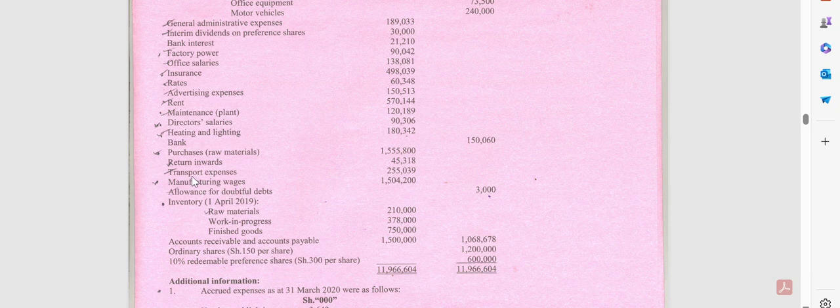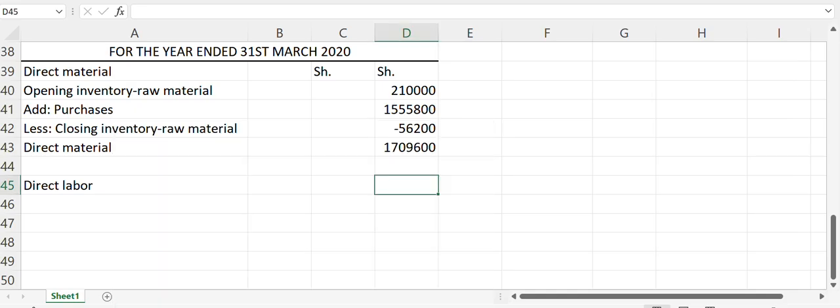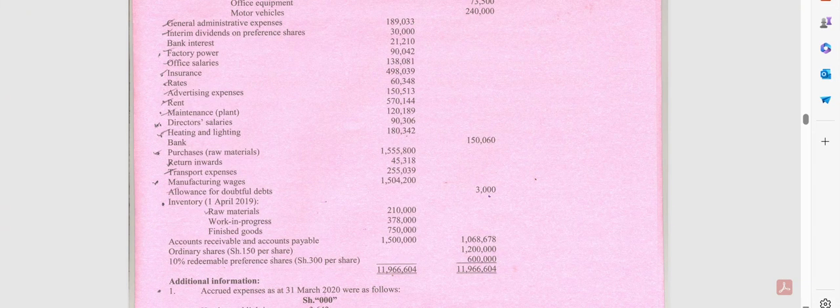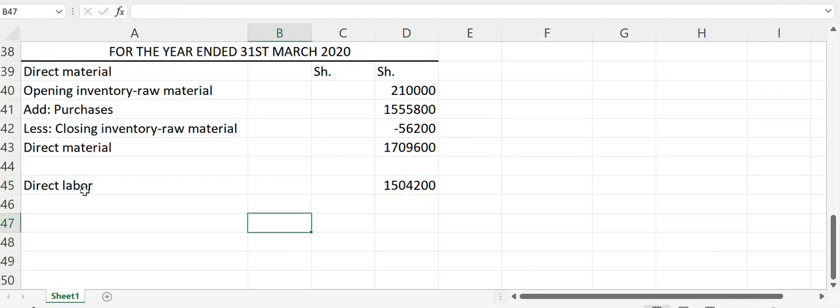Manufacturing wages, here it is, 1,504,200. Let me confirm the figure. Yes, we are done with that.